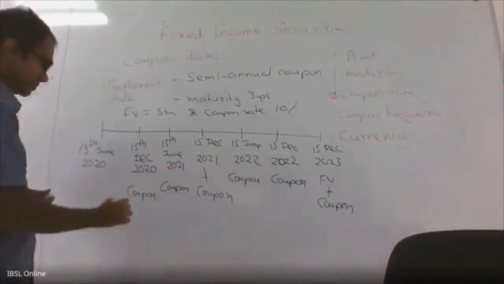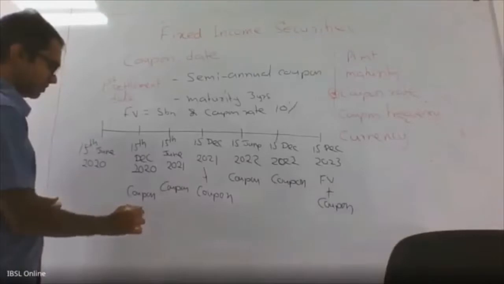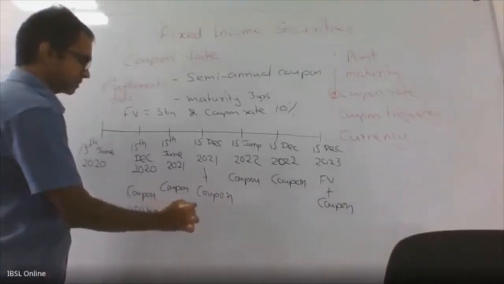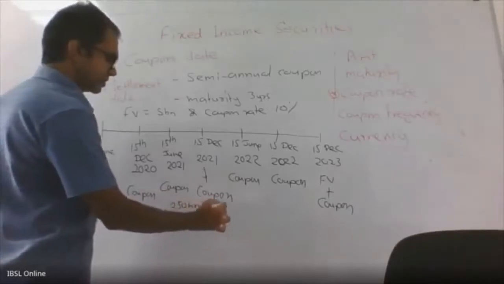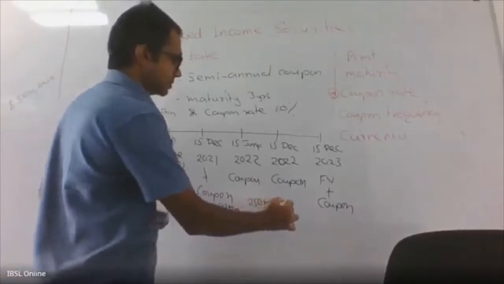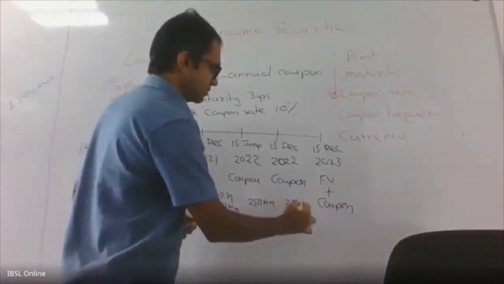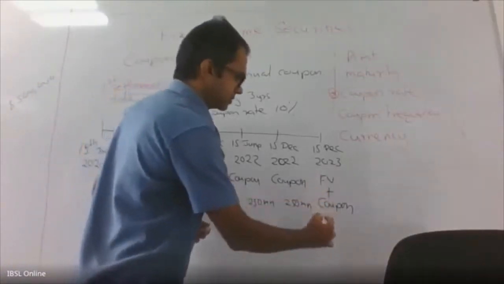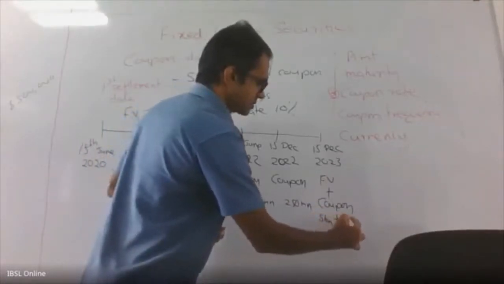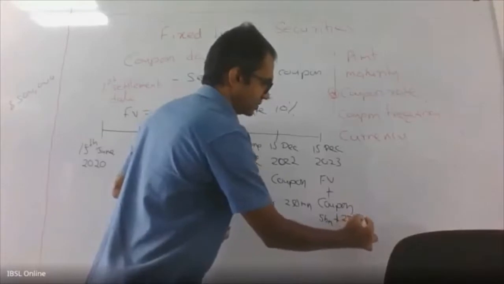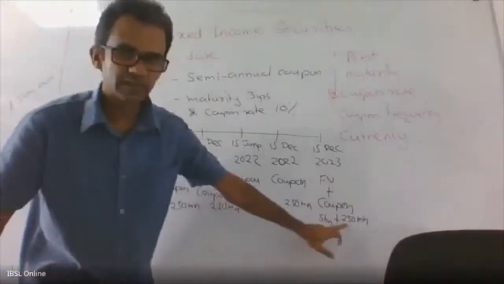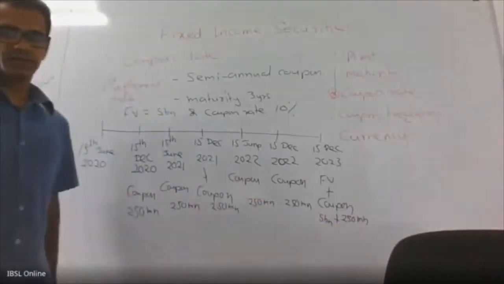So you will get 250 million, 250 million, 250 million, 250 million. At the end, 5 billion plus 250 million, face value and the coupon.